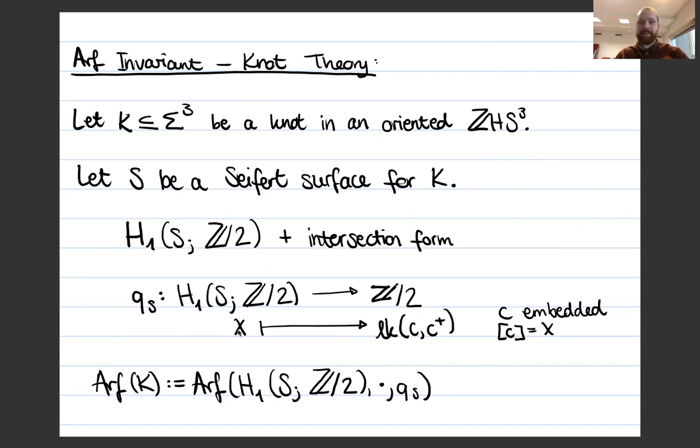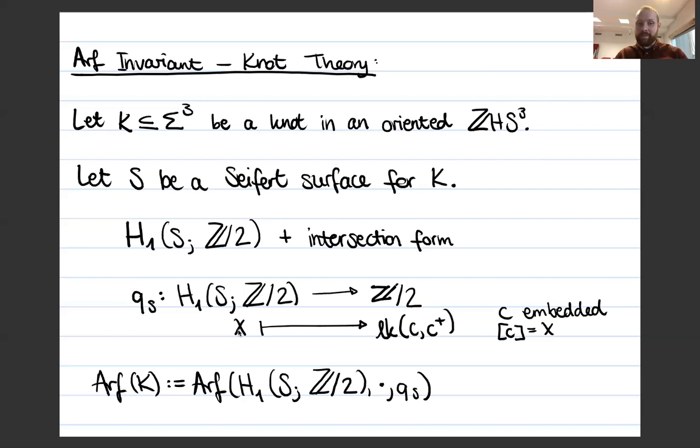Then you'd have to check, first, that this is well-defined, independent of how you represent C, and second, that it's actually a quadratic enhancement of the intersection form.